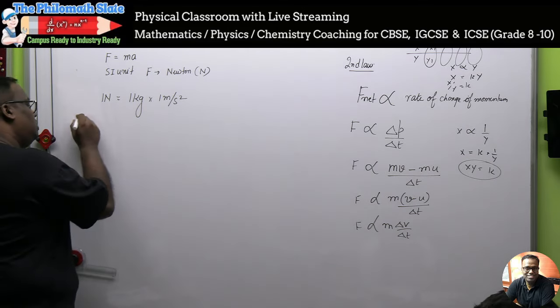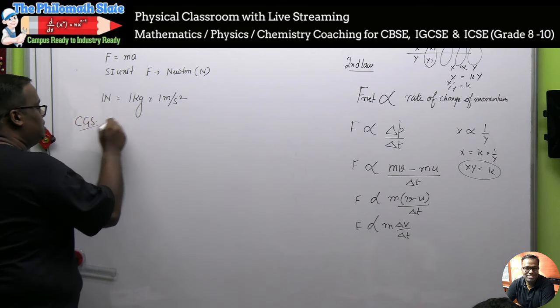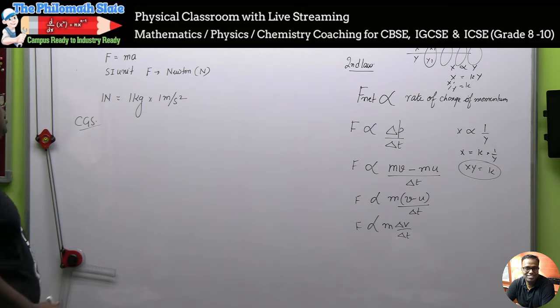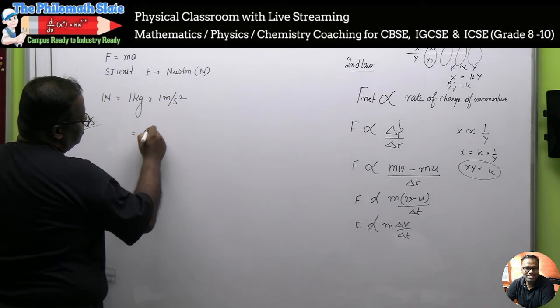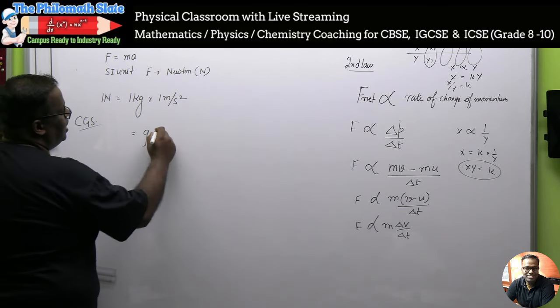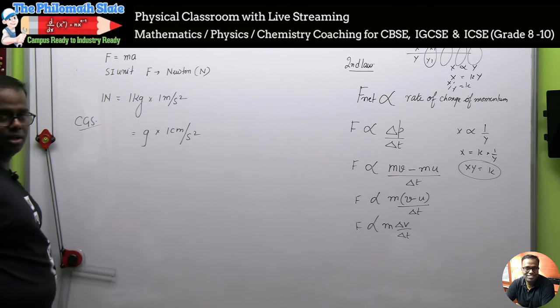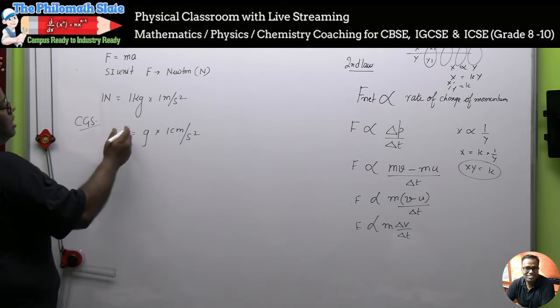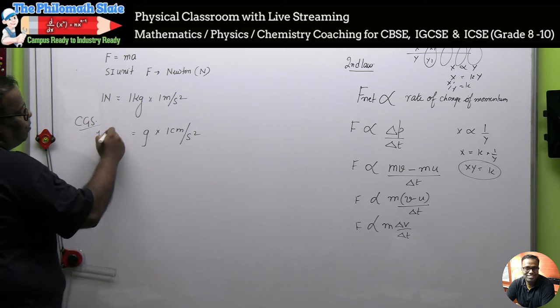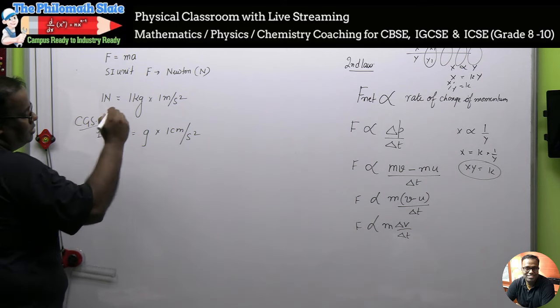There is another unit also which is known as CGS. As I told you, CGS stands for centimeter, gram and second. In CGS unit, the mass will become grams and 1 meter per second square will become 1 centimeter per second square. Agreed? In that case, we call the unit of force dyne.